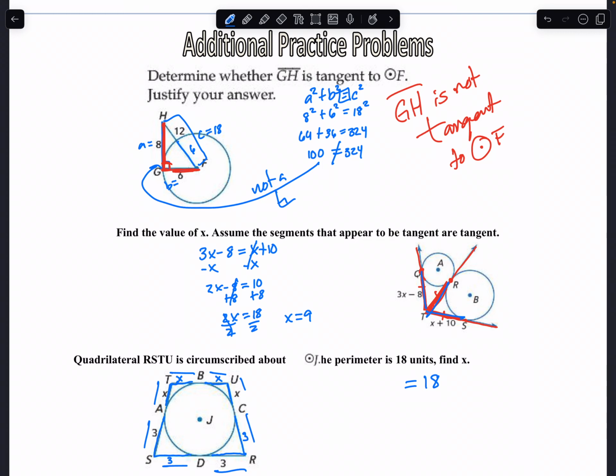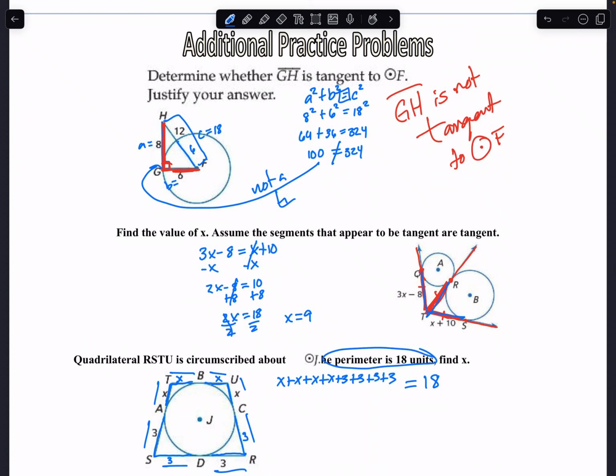So I add them all up. I have x plus x plus x plus x. I have 4 x's, right? Plus 3 plus 3 plus 3 plus 3. I know that all of them are going to add up to a perimeter of 18 units.